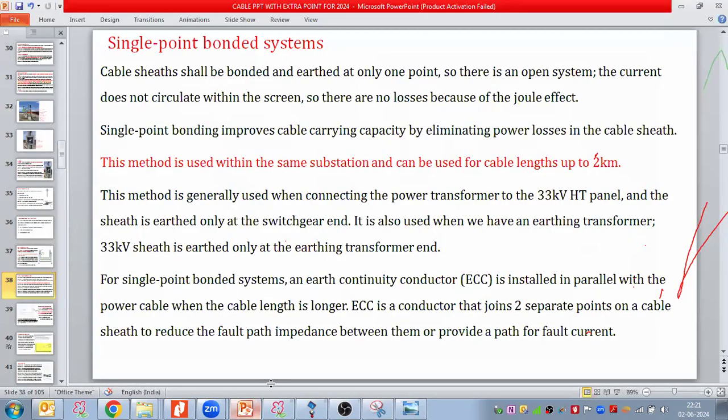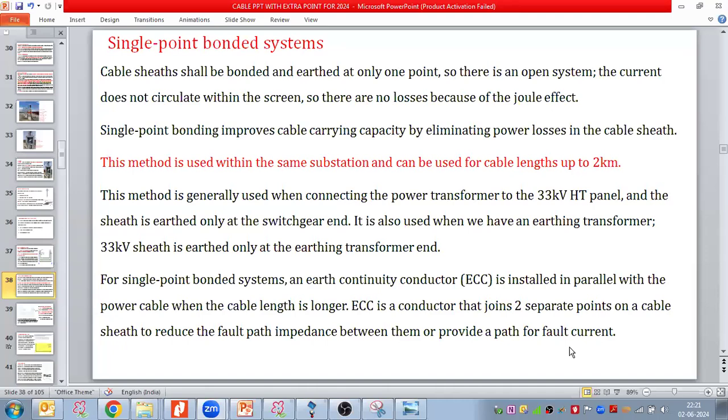So am I clear? Why the ECC cable? In a single point bonded system, an ECC cable is installed in parallel with the power cable when the cable length is longer.